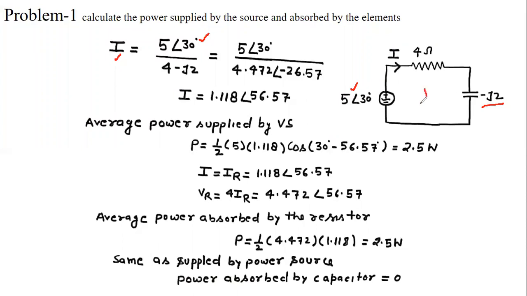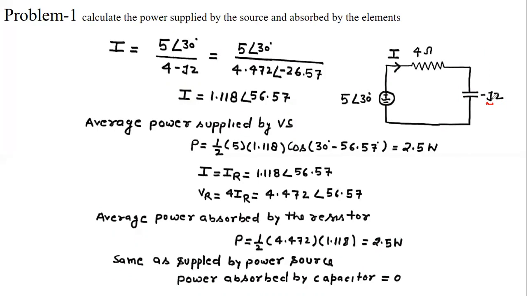Capacitive reactance is always represented as 1 upon j omega C, which is equivalent to minus j upon omega C. So what is the significance of 2? 2 is representing the value of 1 upon omega C. Whenever you solve a problem, always remember, a capacitance is always represented with the negative sign, and whenever there is a positive sign, it means that is an inductor.